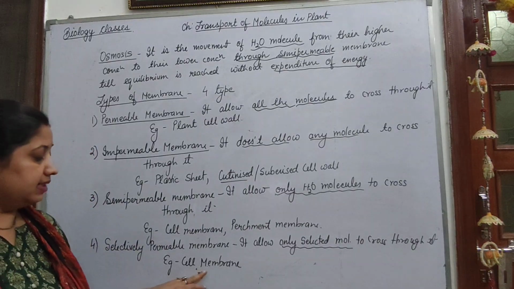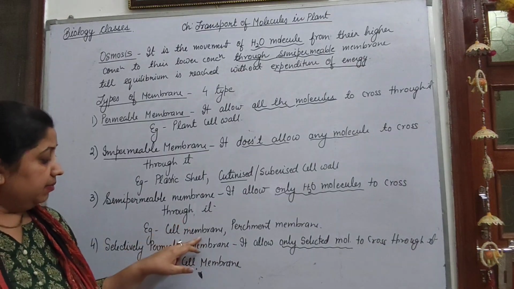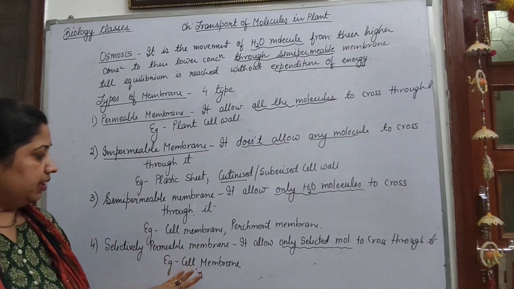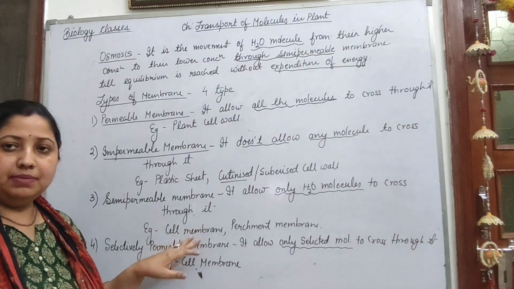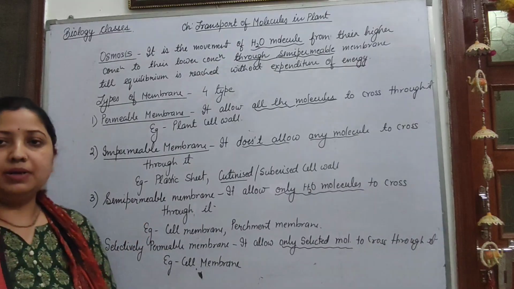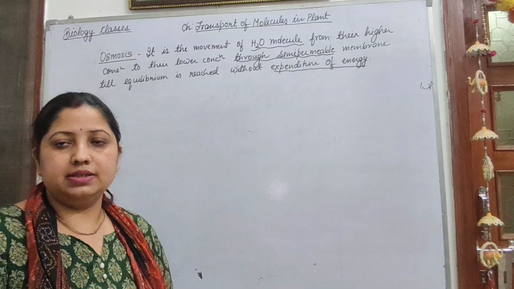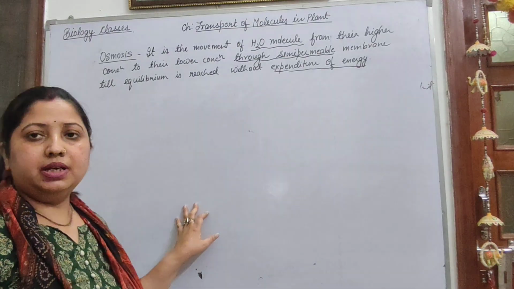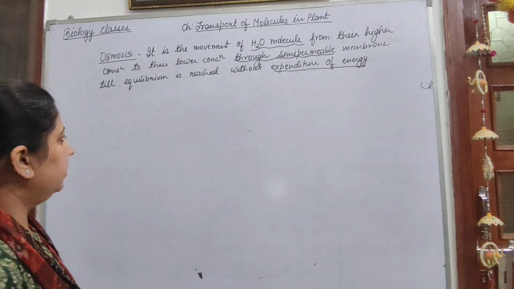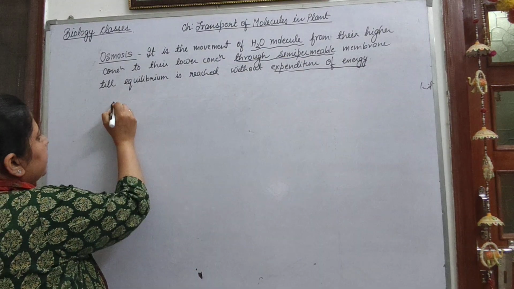The cell membrane is an example of a selectively permeable membrane, and it is also an example of a semi-permeable membrane. Here the cell membrane works like a semi-permeable membrane, and at other times it works like a selectively permeable membrane. So let us understand when the cell membrane behaves like a semi-permeable membrane and when like a selectively permeable one.